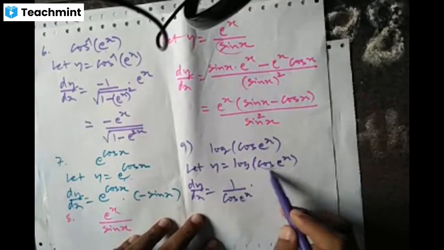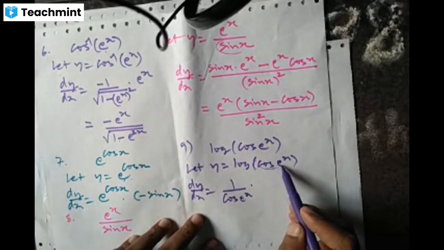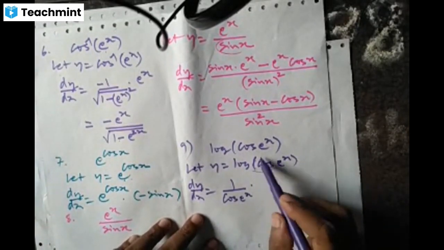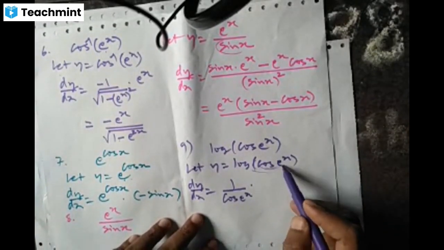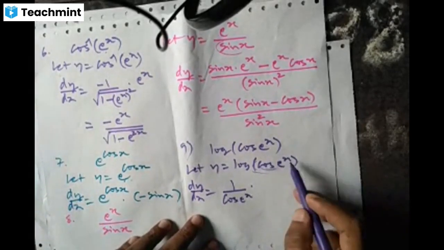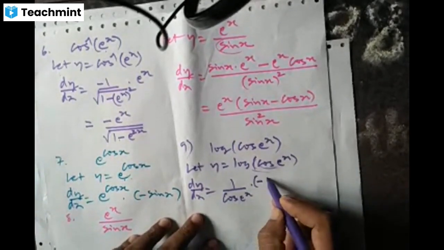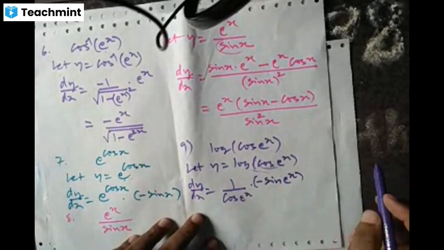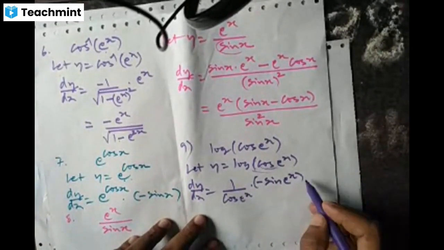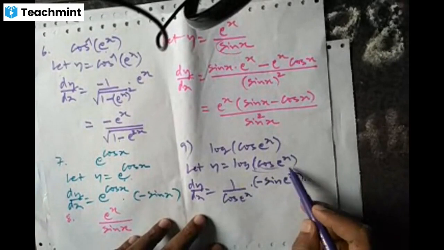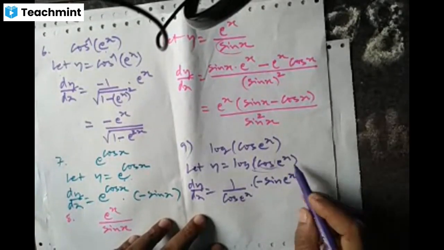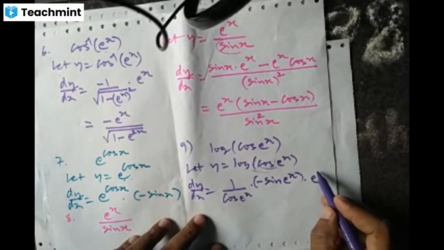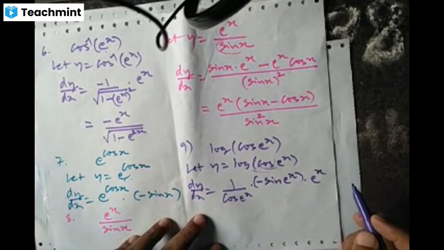You have to use chain rule. You have to treat e^x as a single variable. Then what is the derivative of cos u? Derivative of cos u is minus sin u, right? So minus sin u, but in place of u we have the function e^x, into d by dx of the function e^x. D by dx of e^x is e^x itself, correct?